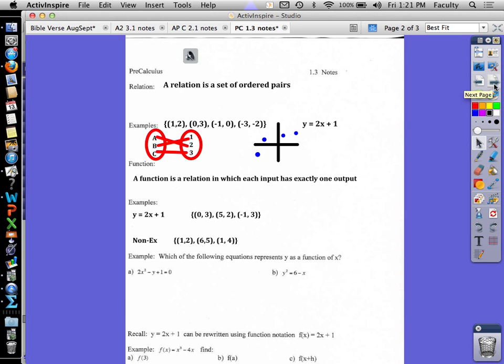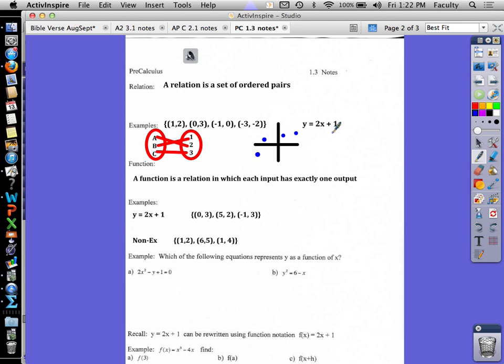So, relation. A relation is a set of ordered pairs. And I have 4 examples here for you to jot down. The first example is literally a set of ordered pairs: 1, 2, 0, 3, negative 1, 0, negative 3, negative 2. That's an example of a relation, a set of ordered pairs. The second example I have is the equation y equals 2x plus 1.